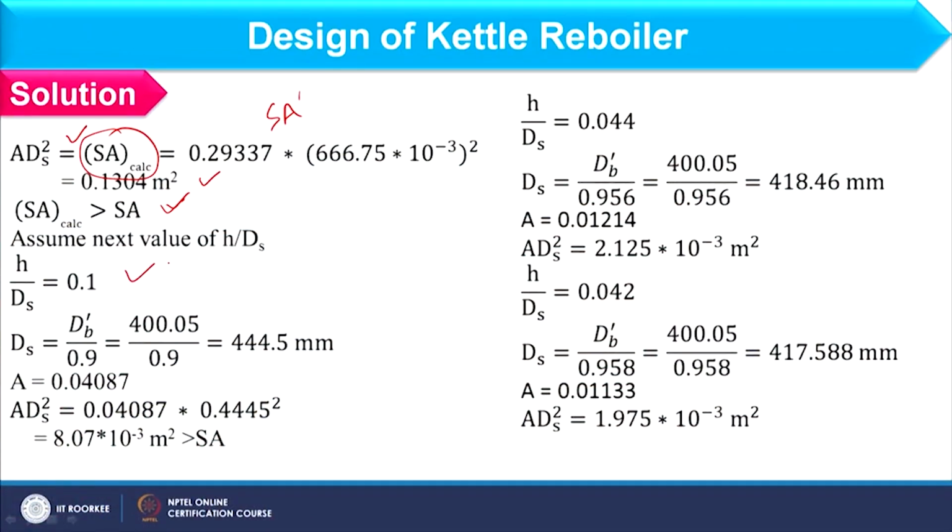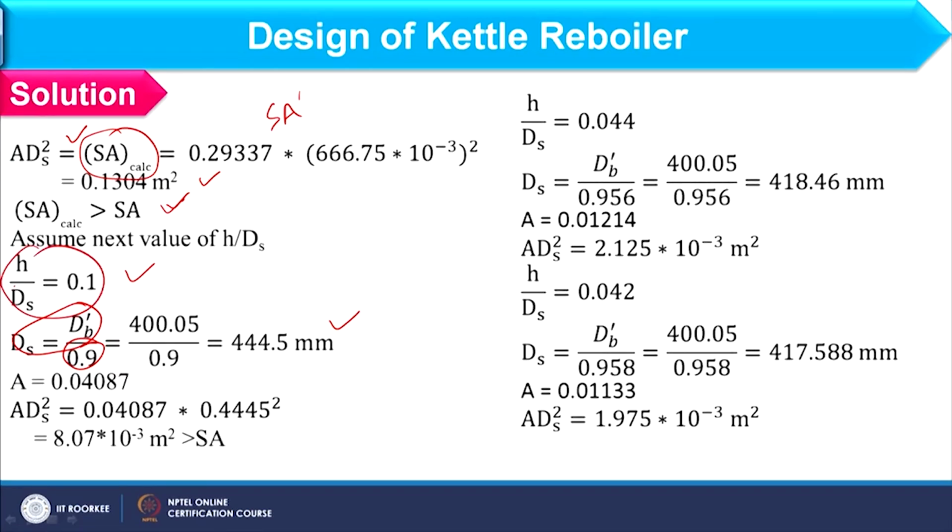So, what we have to do further? We have to reduce the value of H. So, now we will consider a slightly lesser ratio of H by ds. Further I am having the value 0.1, and if H by ds is 0.1, dB dash by ds should be 0.9, right. Considering this we can find out shell dia as 444.5 mm.